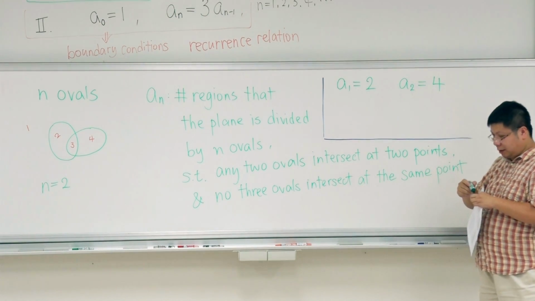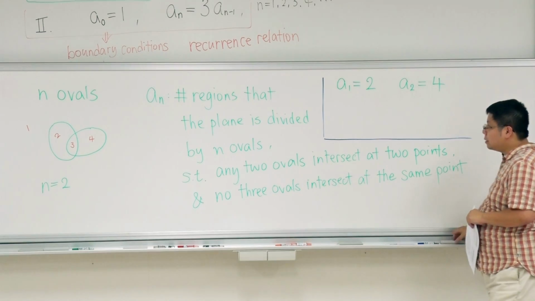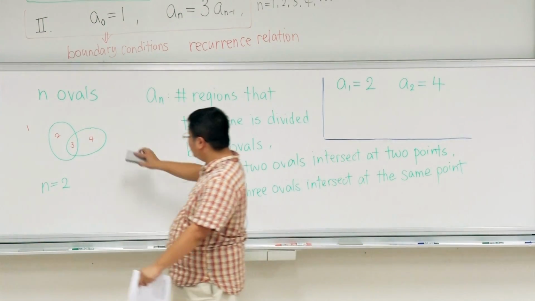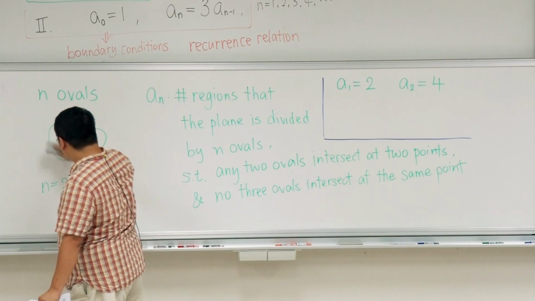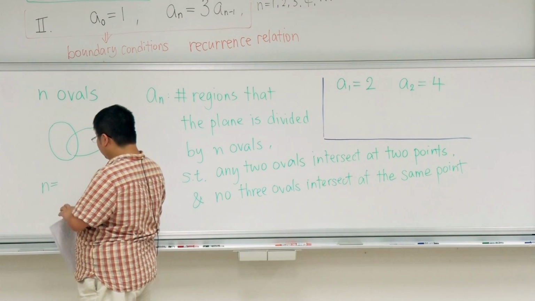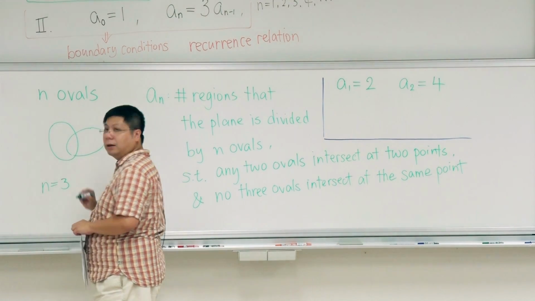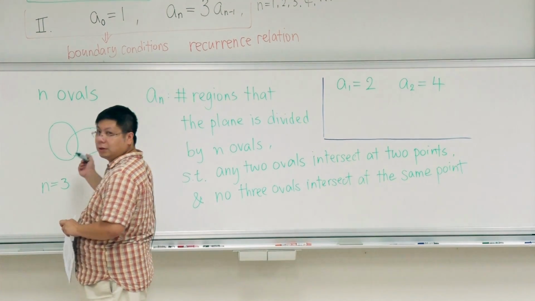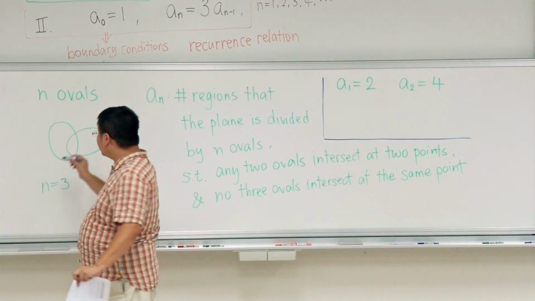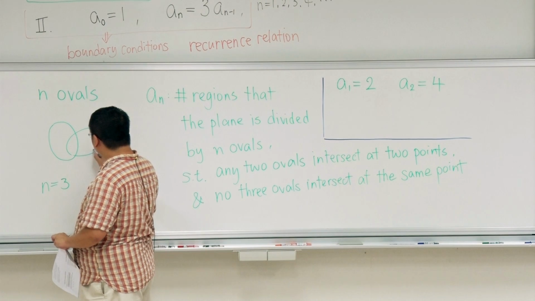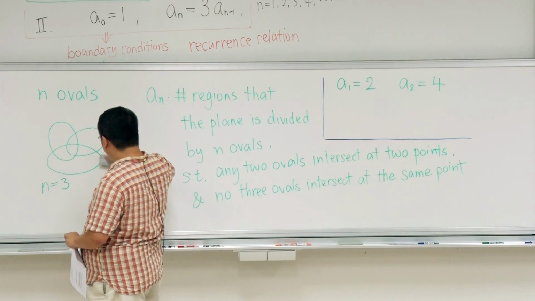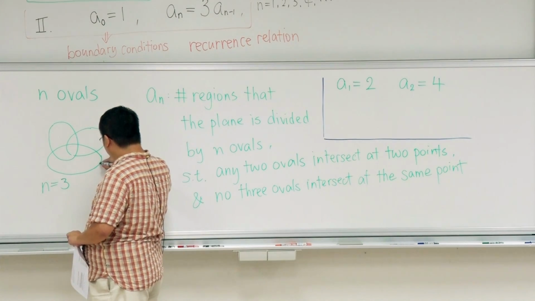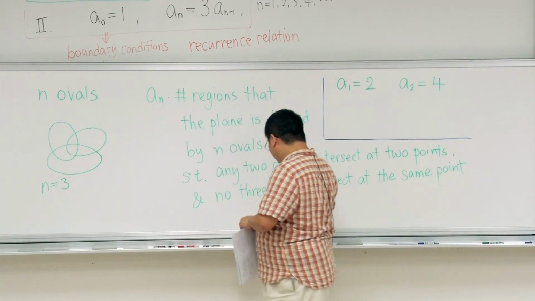How about a_3? Let's have n equal to 3. Ovals need not be of the same shape, as long as they are ovals. So let's have a third oval like this. How many regions are there?